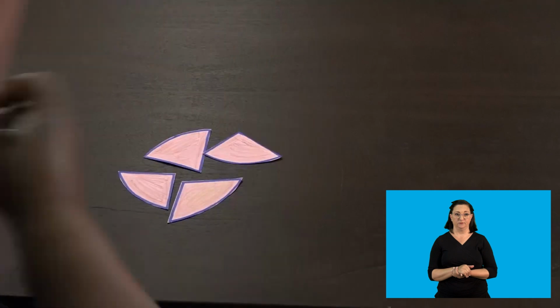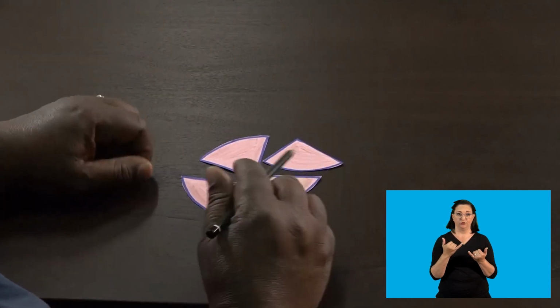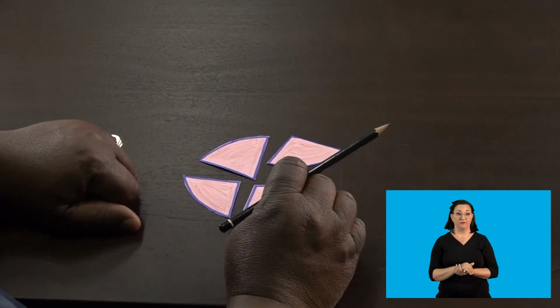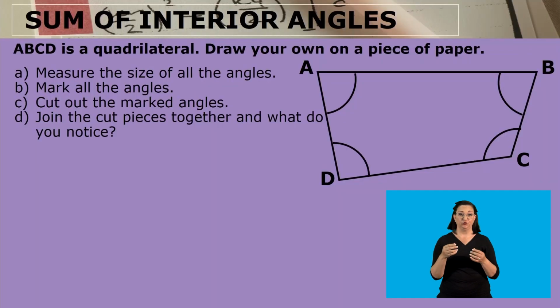There are our marked angles, all 4 of them, and then the next step said join the cut pieces, and what do we notice?